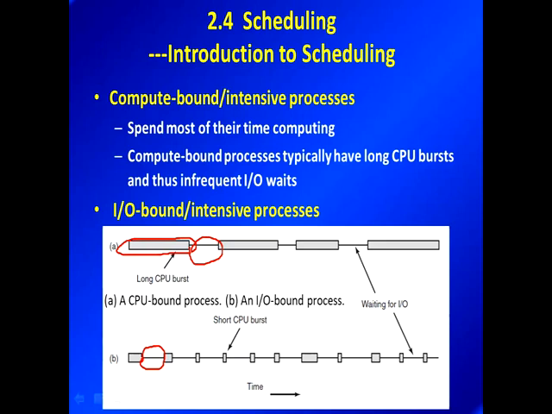When you are using your computer, there are some processes which are typical I/O-bound processes. Can you name one? For example, if you are writing some reports in Word, it is an I/O-bound process, right?